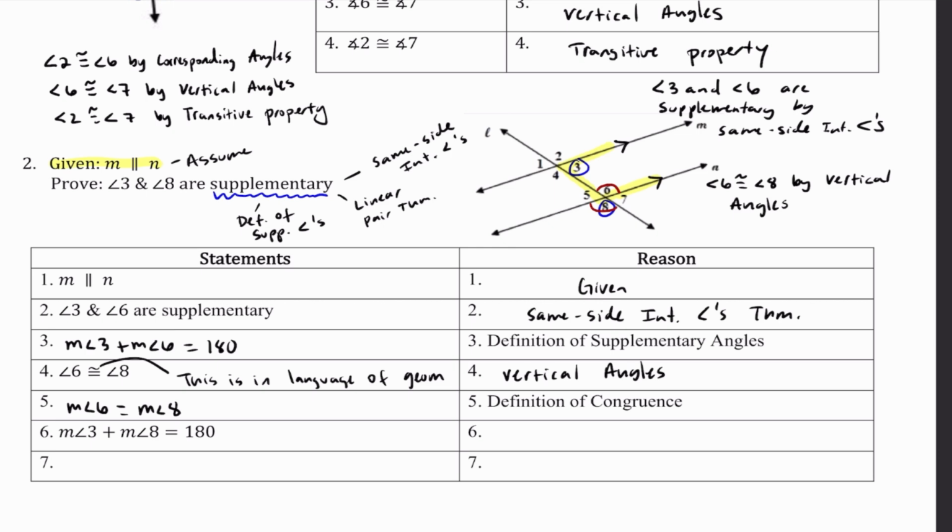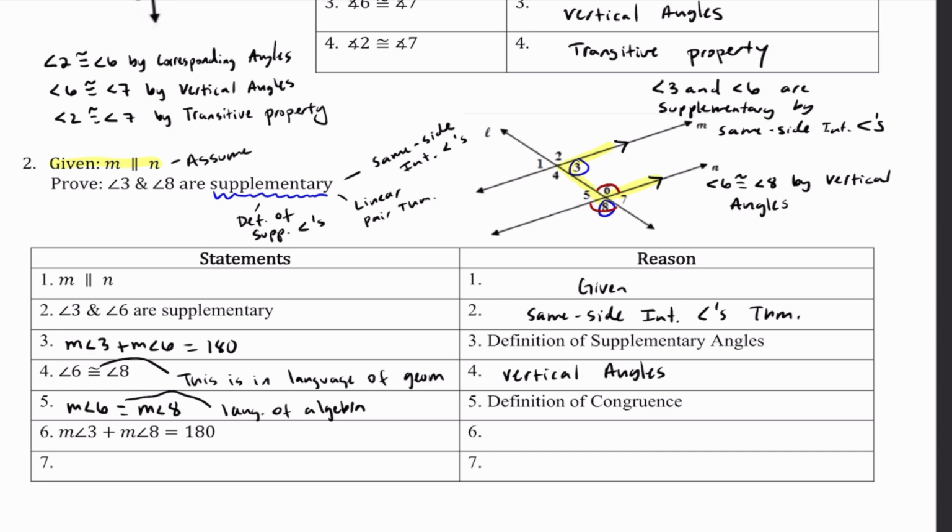And this is in the language of algebra. So one more time. If angle 6 is congruent to angle 8, then by the definition of congruence, the measure of angle 6 is equal to the measure of angle 8.